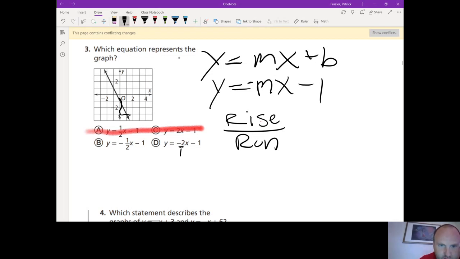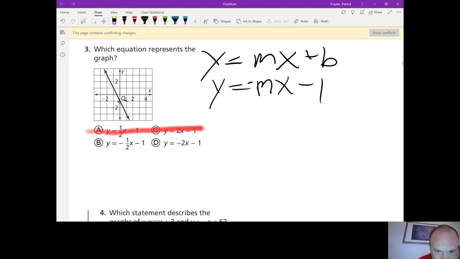So we went over 2, from 0 to 1 to 2, and then over 1. So let's see if that makes sense and plug it in just for good measure.